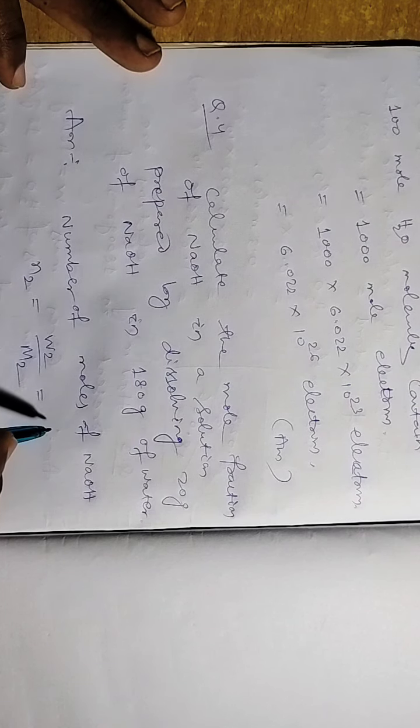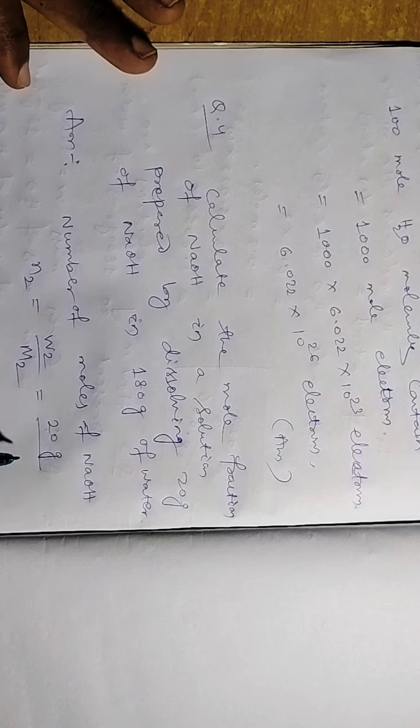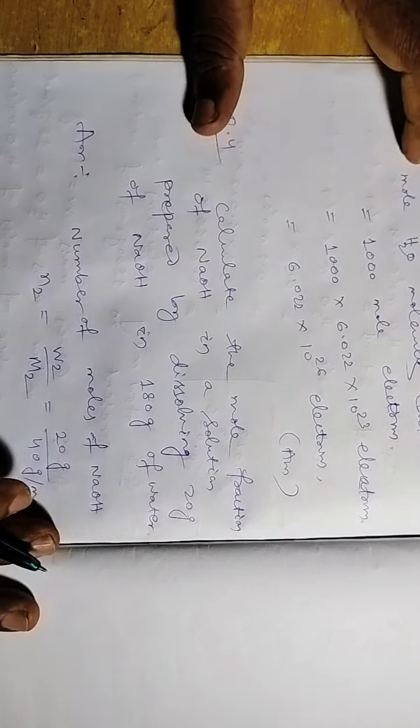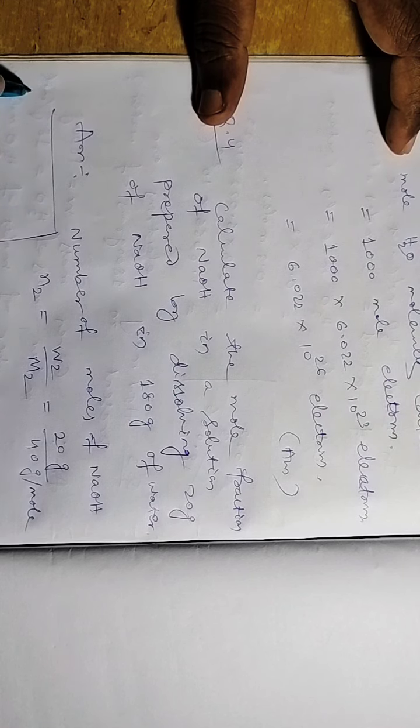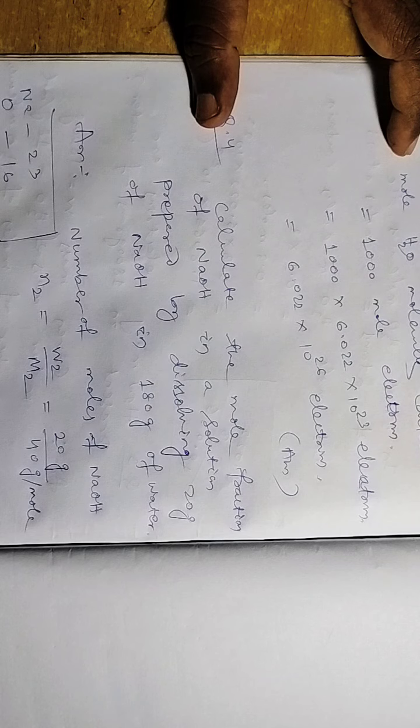So here the given mass of sodium hydroxide, the solute, is 20 grams, and the molar mass of sodium hydroxide is 40 gram per mole. Why 40 gram per mole? As you can see, Na atomic mass 23, oxygen 16, hydrogen 1. If you add, that gives 40 u. The molecular mass is 40 u or amu, and the molar mass will be 40 gram per mole.